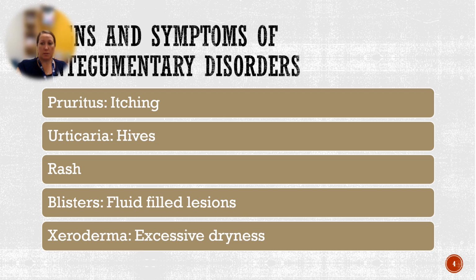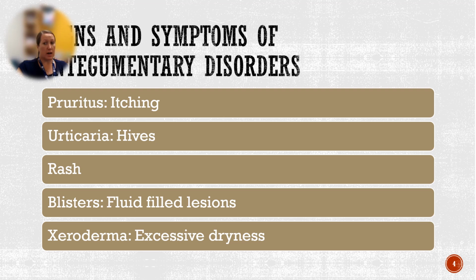It can lead to damage if scratching injures the skin's protective barrier, possibly resulting in increased inflammation, infection, and scarring. Many systemic disorders can cause pruritus, most commonly diabetes mellitus, drug hypersensitivity, and hyperthyroidism.